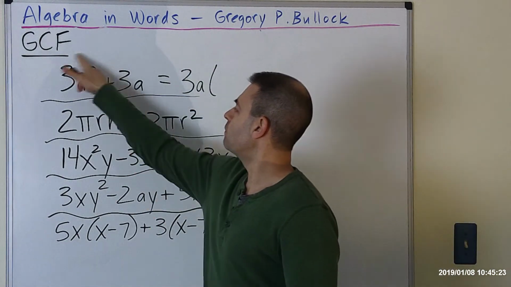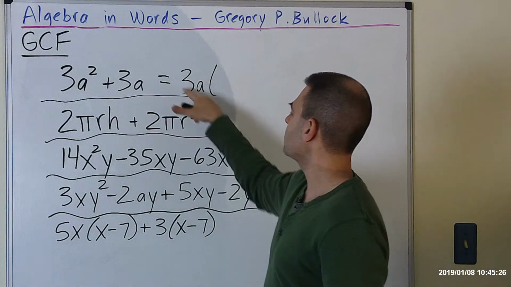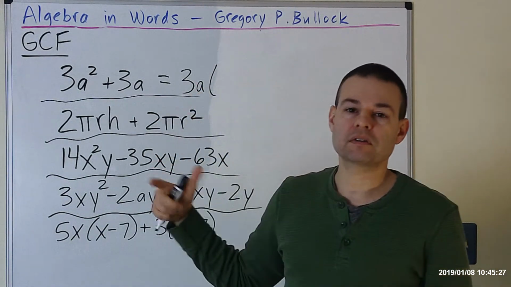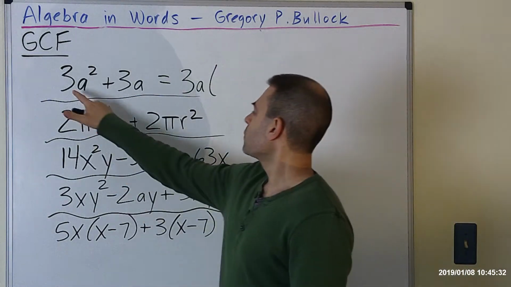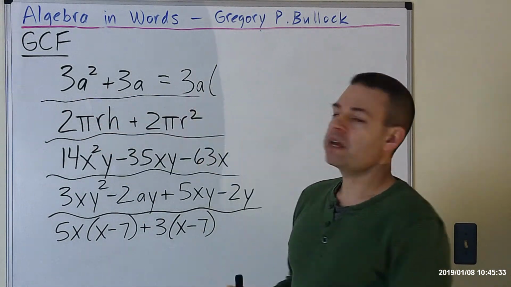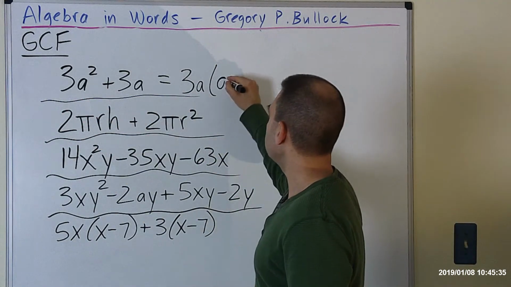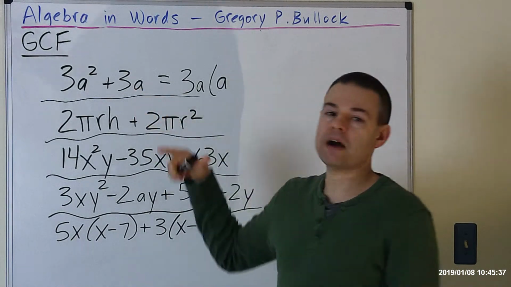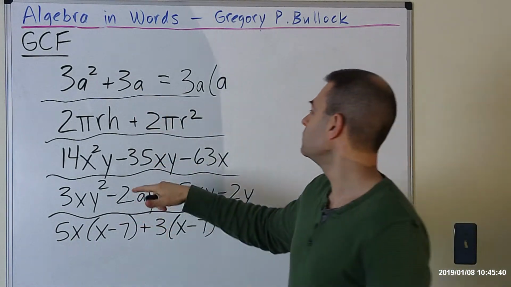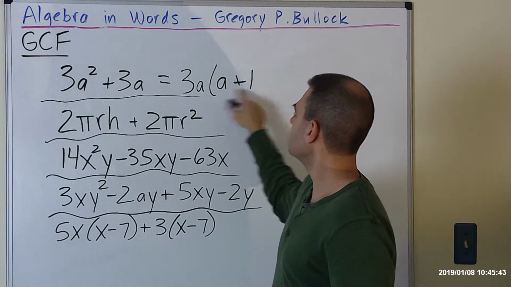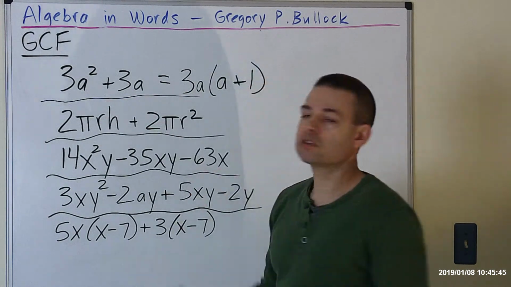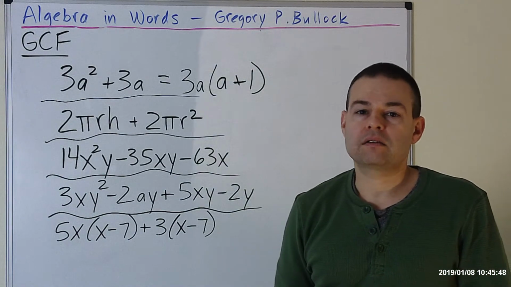Think of dividing each term by the greatest common factor, and whatever's left goes in the parentheses in sequential order. 3a squared divided by 3a gives you a. And 3a divided by itself, 3a, this divided by this, is 1. Keep the sign, close the parentheses, and that's the end of that problem.